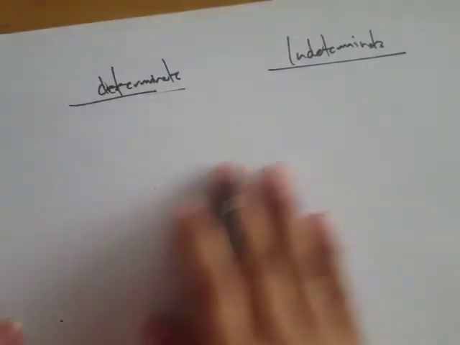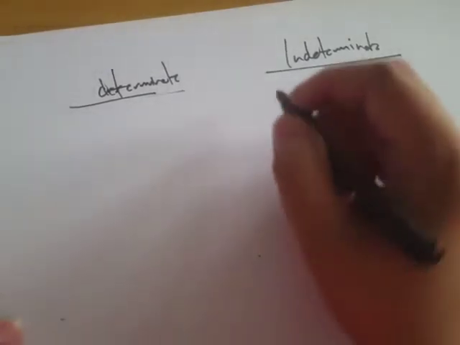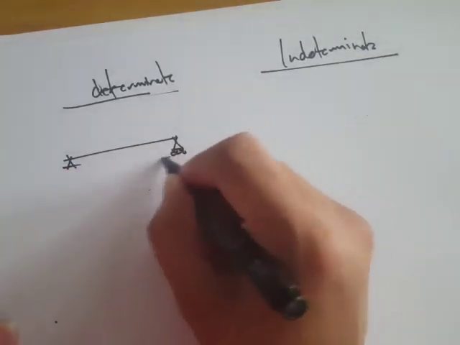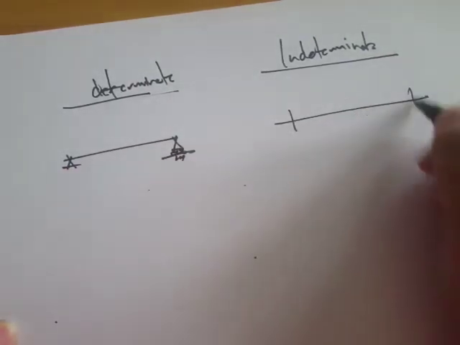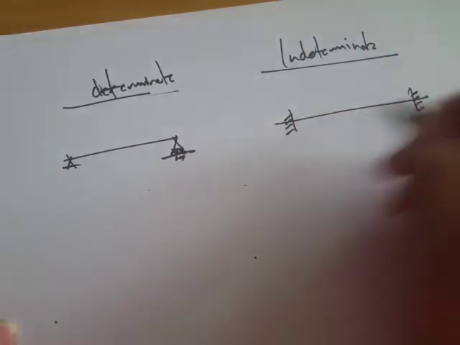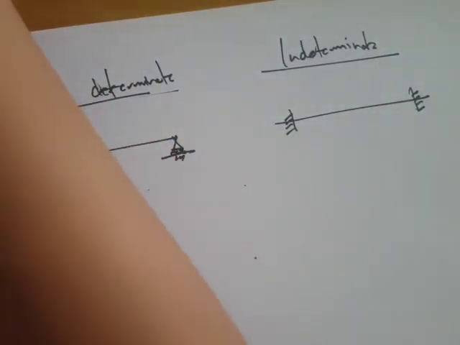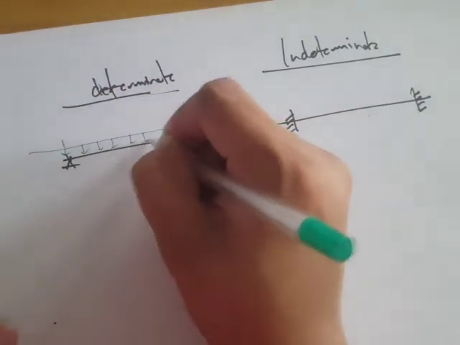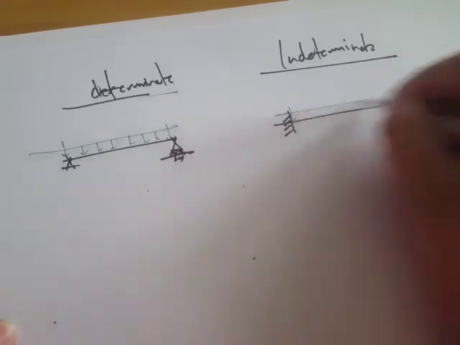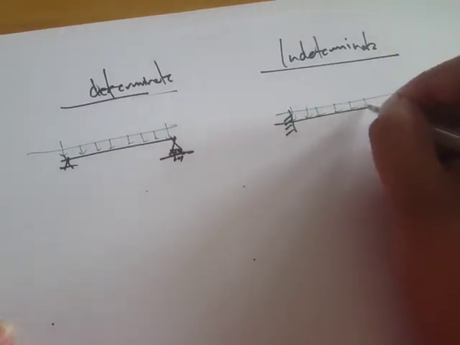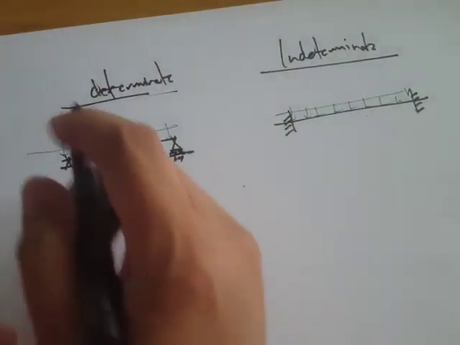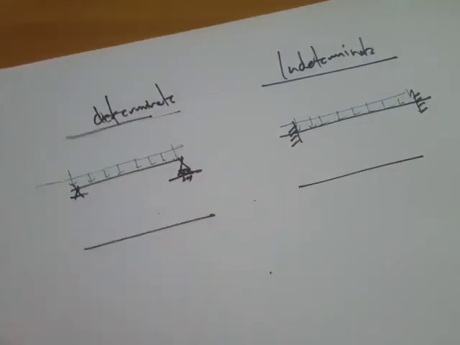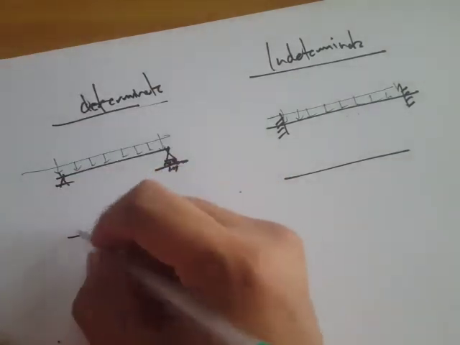But a difference in this too is that indeterminate structures, if you try to consider this, let's say this beam, fixed-ended beam. Now, if this is loaded, actually the moment diagram of this beam would be like this.